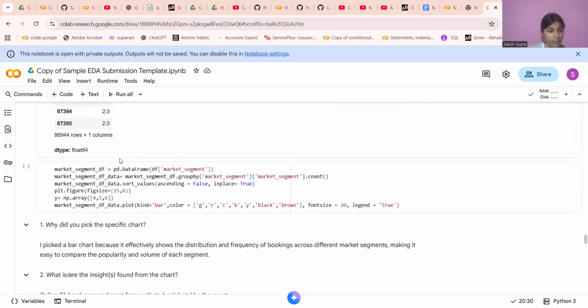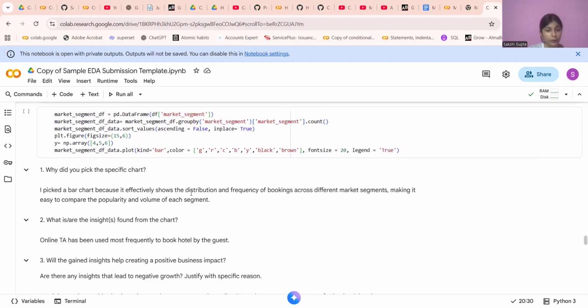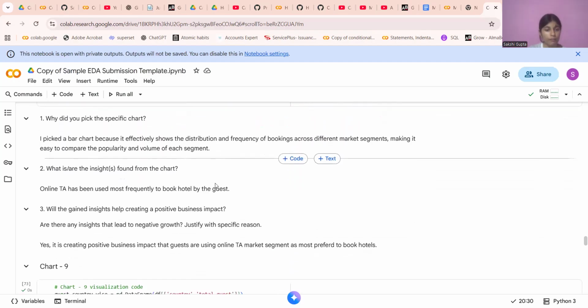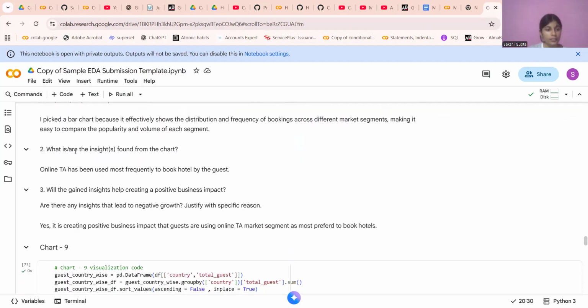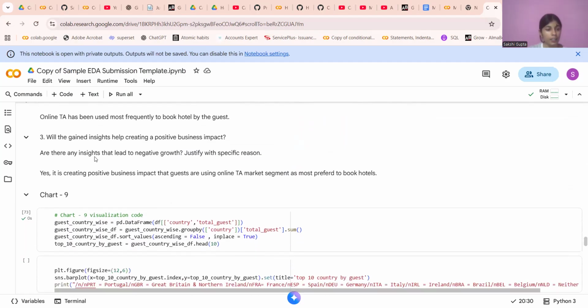This is a bar chart. I pick a bar chart because it efficiently shows the distribution and the frequency of bookings across different market segments, making it easy to compare the popularity and the volume of each segment. What is the insight found from the chart? Online TA has been used most frequently to book hotels by the guests.